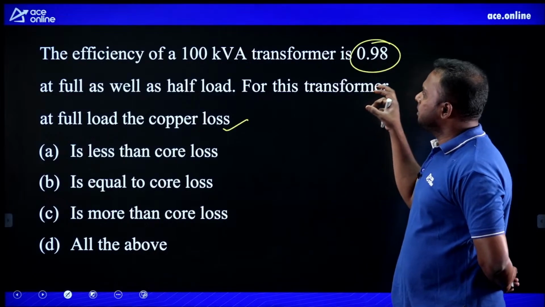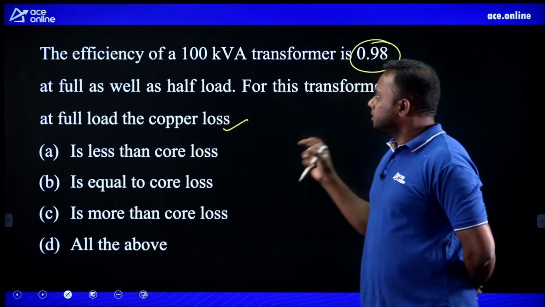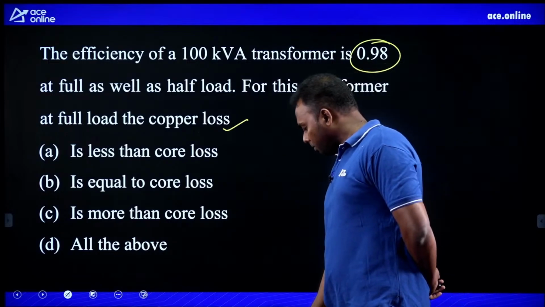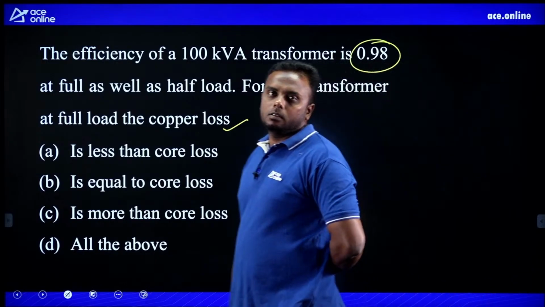Given that efficiency is 98% at full load as well as half full load, what is the relation between copper loss and core loss? Yes, option C, it is more than core loss.